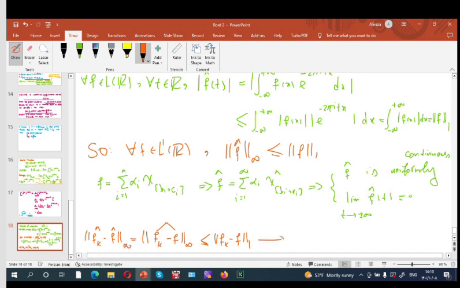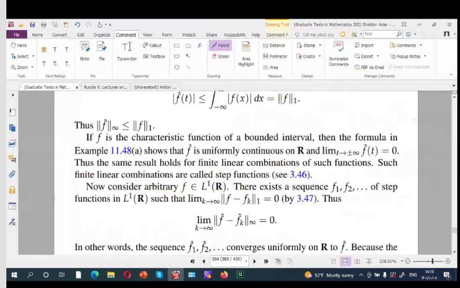This tends to 0, so this must tend to 0, by this relation.